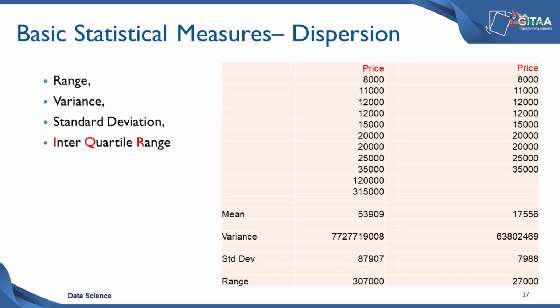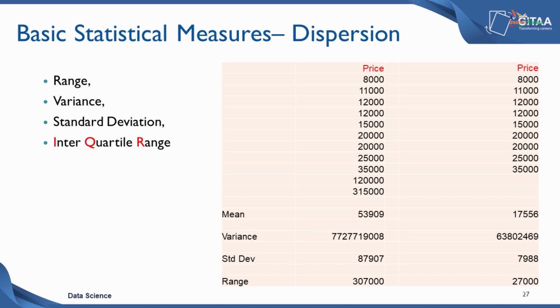Variance is a little more complex measure. It tells you how far each data point is from the central measure, squared and summed.